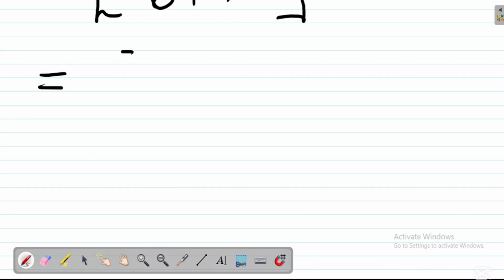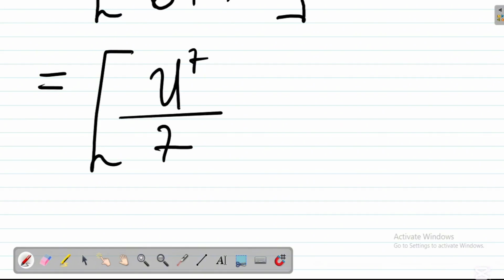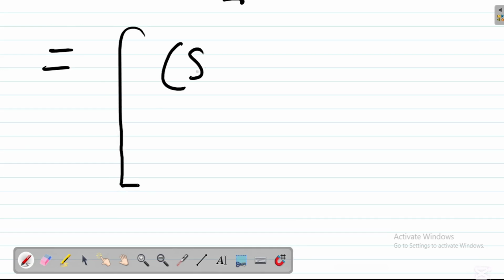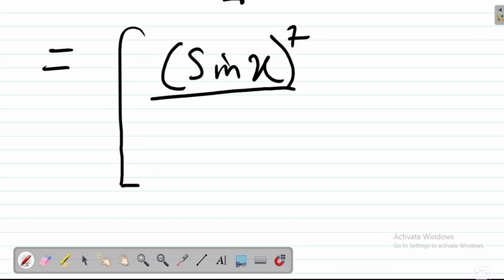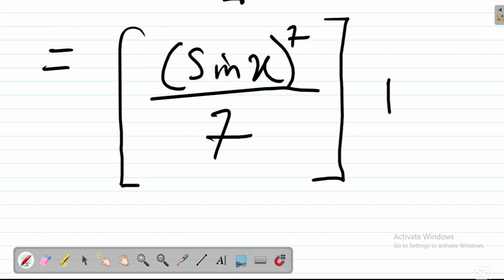So we have u raised to power 7 all over 7 and then plus c. So our next task is to substitute the value of u. So if we substitute the value of u, we would have sine x all raised to power 7 divided by 7 and then plus c.